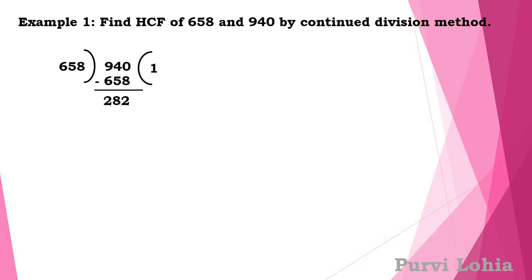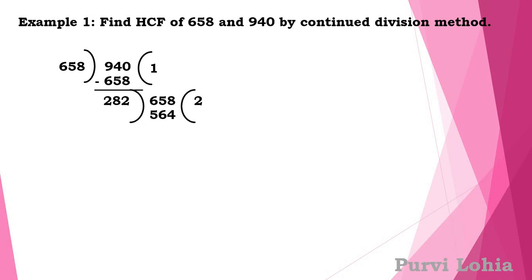Now what you see here, please pay attention. The remainder becomes the next divisor and the previous divisor becomes the next dividend. So 658 will become the next dividend. So we'll divide this. How many times will it go? Correct, 2 times.